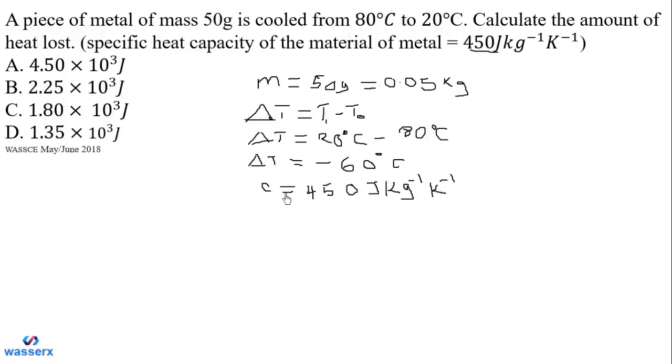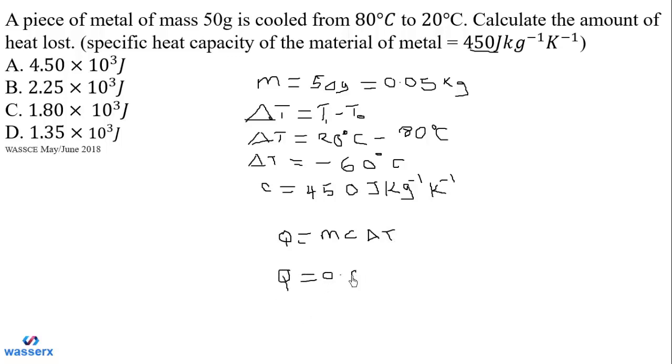So we can calculate the amount of heat loss using the formula Q is equal to mass times specific heat capacity times change in temperature. Let's plug in the values.